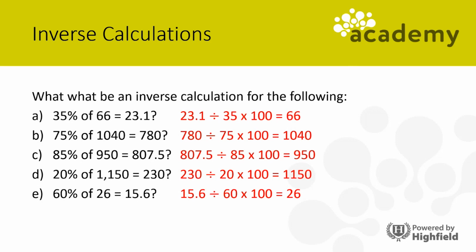And the inverse calculation would be 780 divided by 75 times 100, which is 1040. And C, 85% of 950 equals 807.5. Well, it's 807.5 divided by 85 times 100 equals 950.